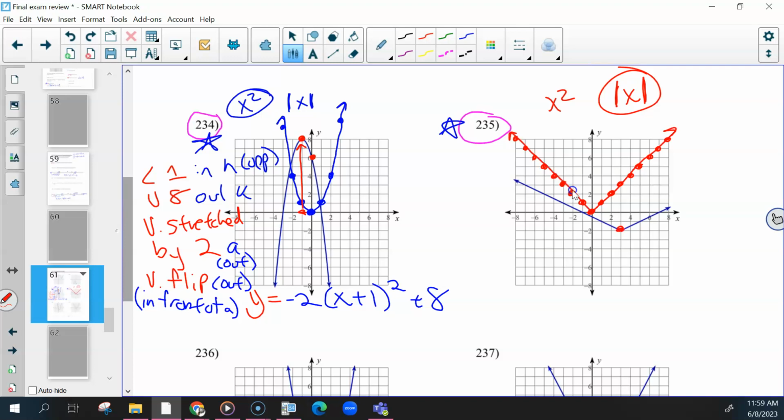So then if we're looking at the vertex that was drawn, we can see it move down to the right 3. Then I can also see that this looks wider than this one.